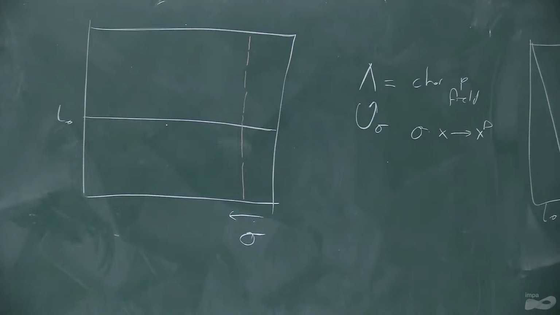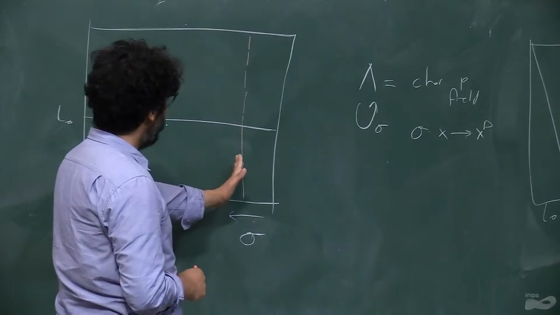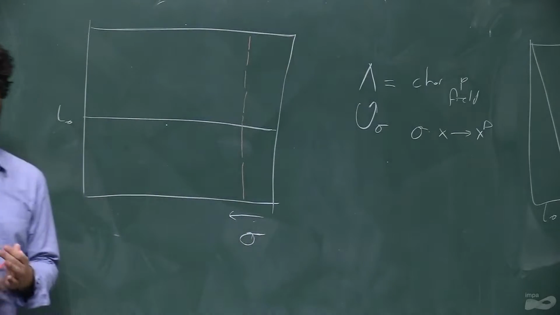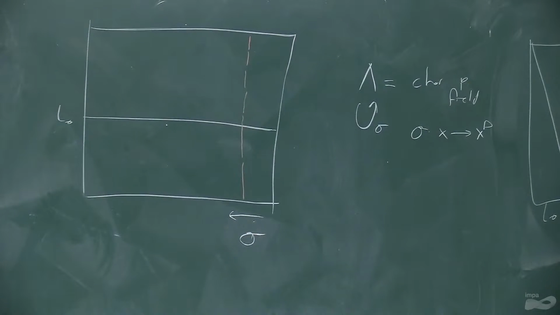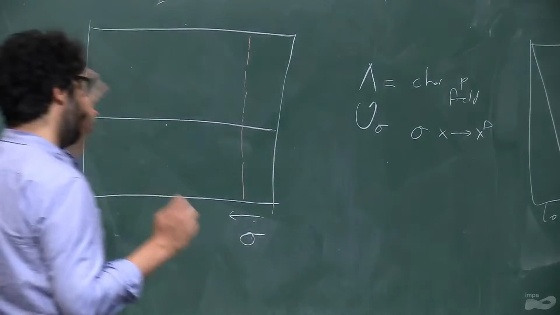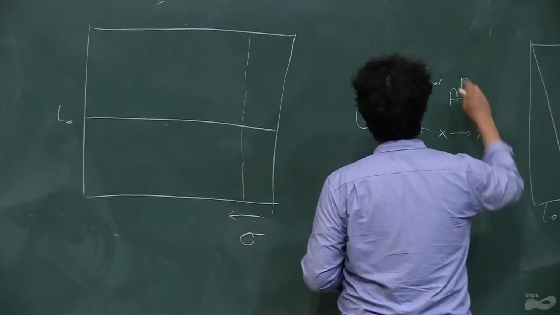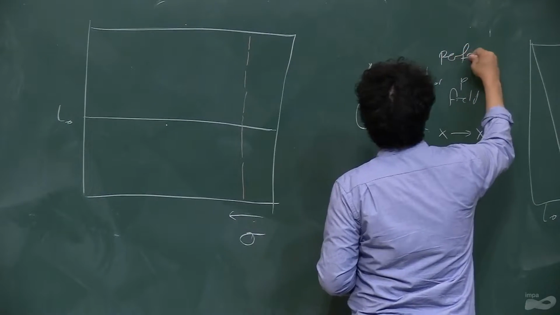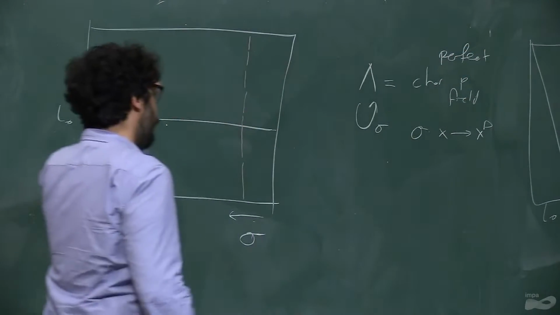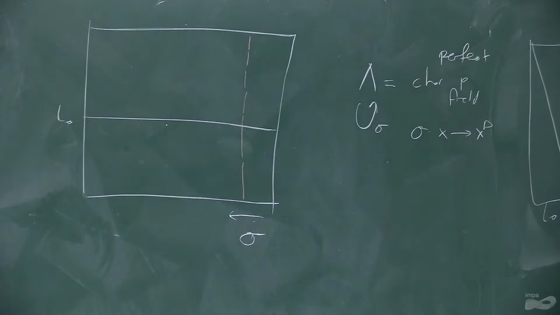Okay, so this is what we provisionally called the danger zone. Right, so correct. Yes. So I want this to be a field automorphism. And in fact, soon I'll get to bigger ones, but we'll see.